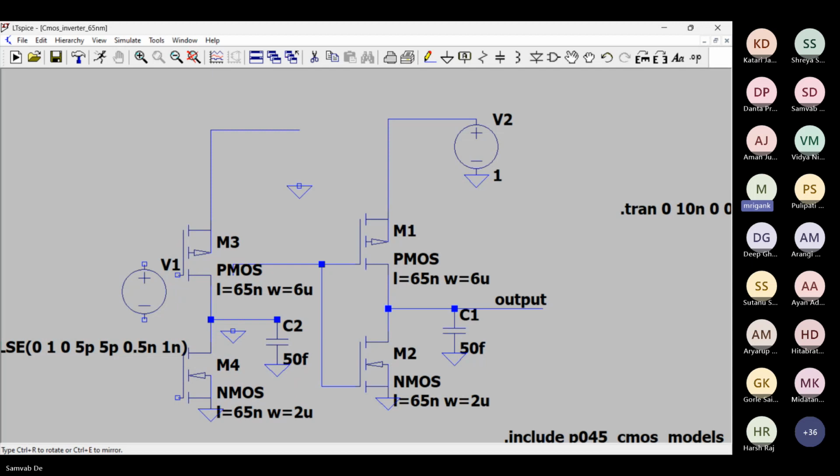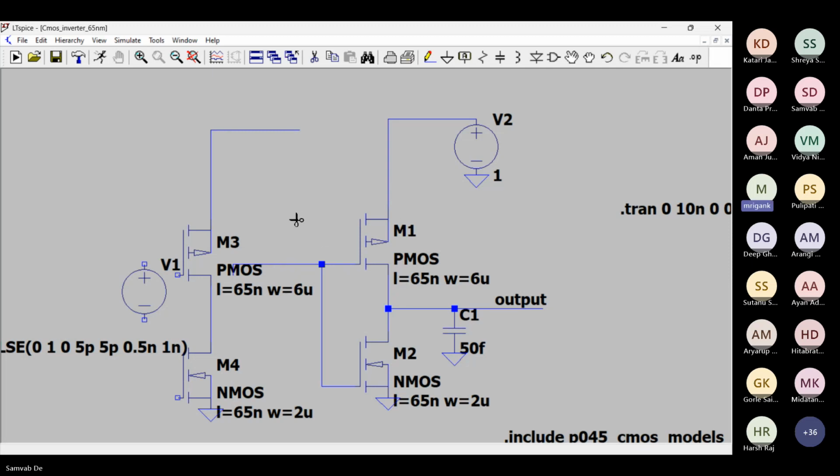Yes, so maybe you can remove the cap from the first stage. All these extra things, the grounds and the cap, you can remove. All right.